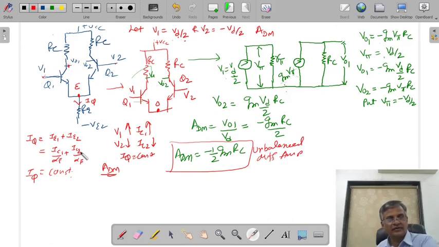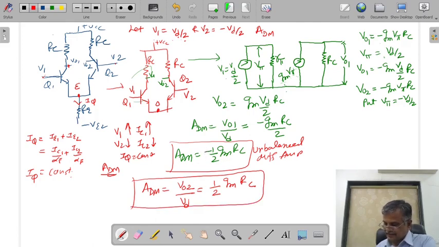Some ground is here. Now someone may argue, I want to write ADM for VO2 upon Vd. From this you can write it is 1 half Gm into Rc.